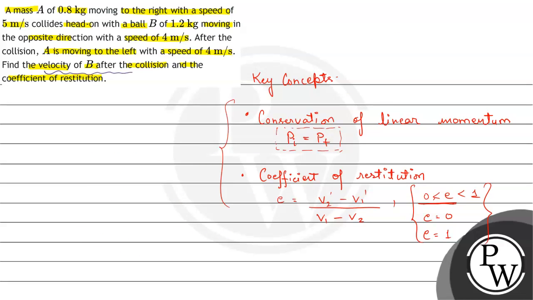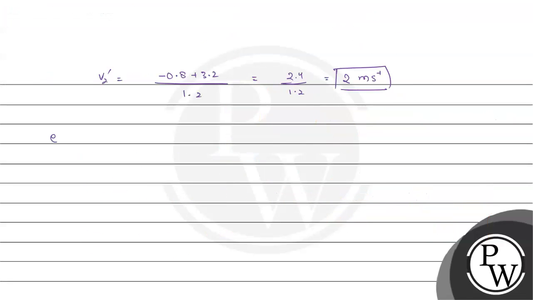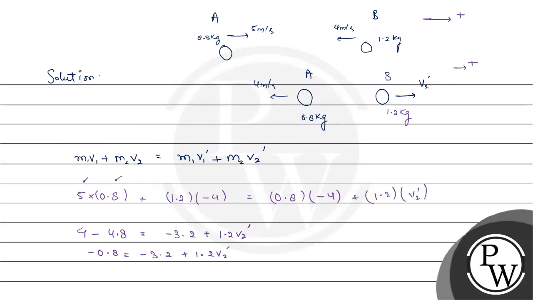Now we need the velocity of B after the collision and the coefficient of restitution. I have discussed the formula earlier. The coefficient of restitution is given by (V2' minus V1') over (V1 minus V2). So it is 2 minus V1'. What is the value of V1'? It is minus 4.